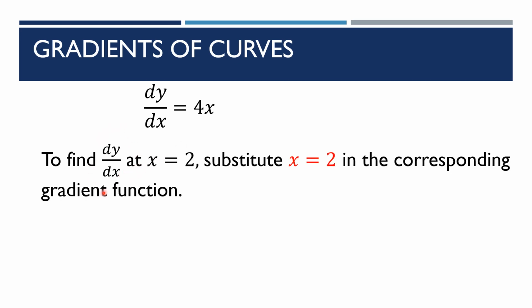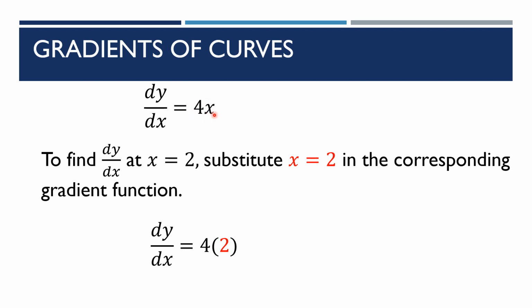Now that we have obtained our gradient function dy/dx equals 4x, to find the gradient at the point x equals 2, we substitute x equals 2 in the corresponding gradient function that we obtained in the previous step. So we are going to do that. That is 4 multiplied by x, and you substitute x with 2.